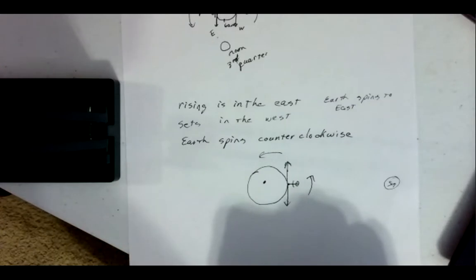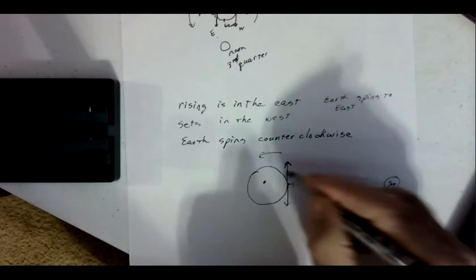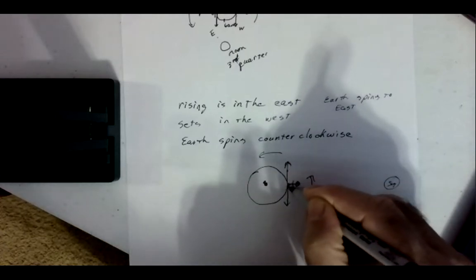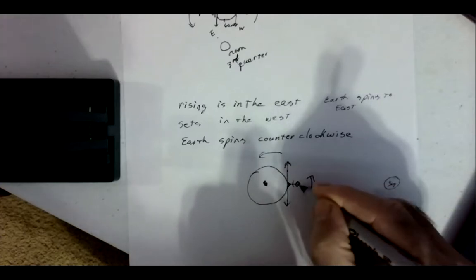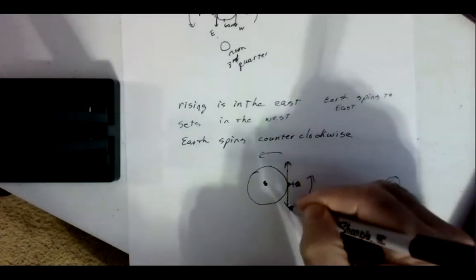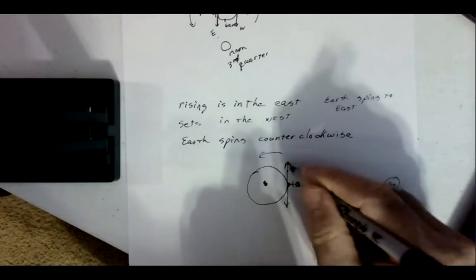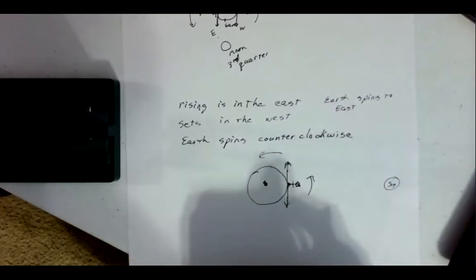East will be to your left, wouldn't it? No, east is going to be up or down. See, this is Herb right here. If Herb's right here, and I draw this line, one end of the line is east, one end is west. Okay, and how do you know which is which?